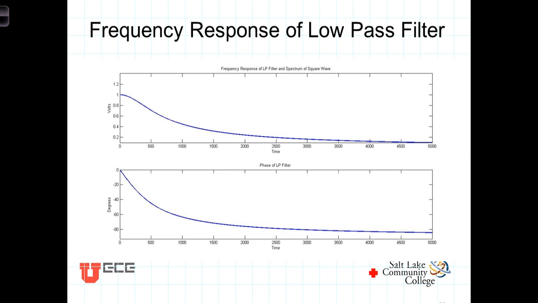Now, we've seen this. This is the frequency response of that filter that we're talking about. It's defined for all frequencies. But because our input only exists at 5 frequencies, we're really only interested in 5 values of this, corresponding to 250, 750, 1250, and so on.